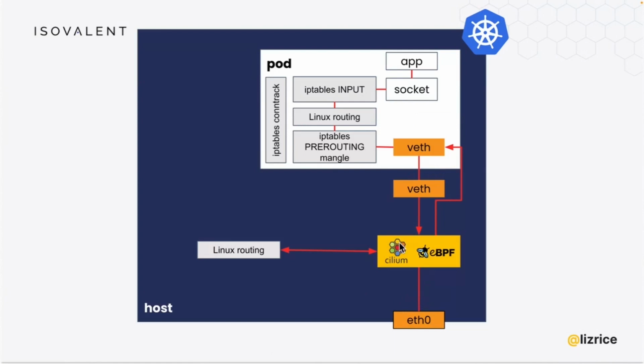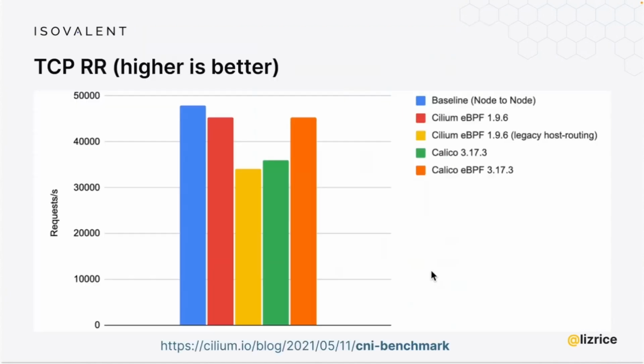And because Cilium is aware of the Kubernetes identities and how those relate to the IP addresses for where this packet is destined, Cilium can use eBPF to intercept that packet and redirect it directly into the pod's networking namespace. The shorter the path that the packet has to take, the lower the latency, the faster that packet can be processed.